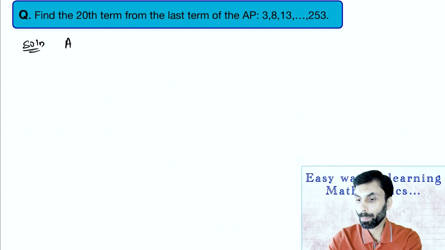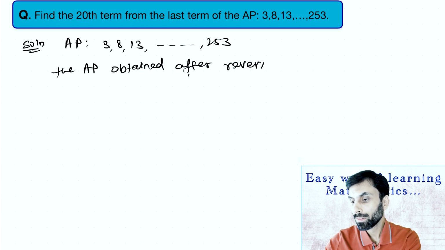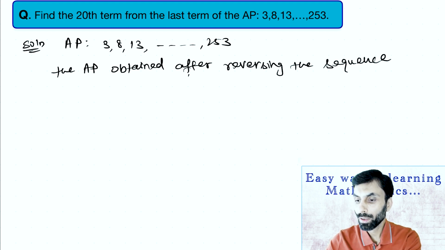So the given AP is 3, 8, 13 and so on up to 253. The AP obtained after reversing the sequence: 253 will become the first term as it is the last term in the original AP.